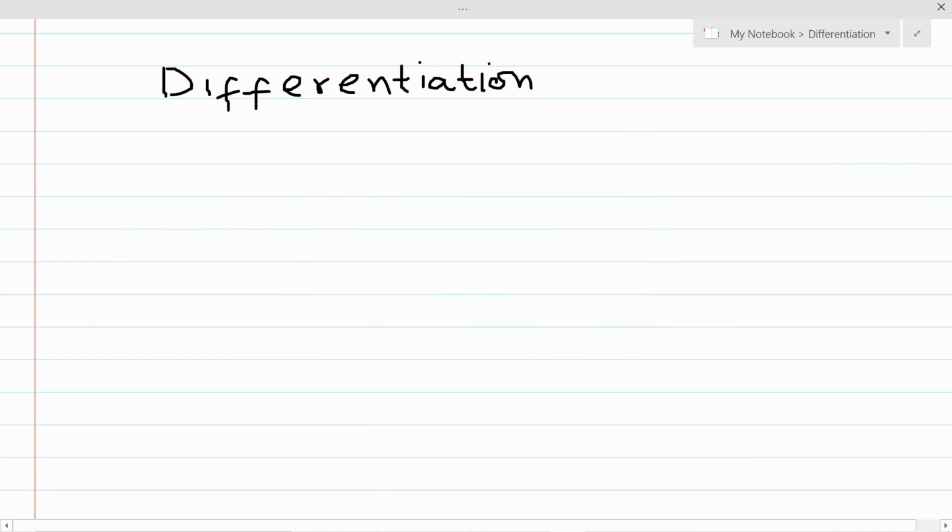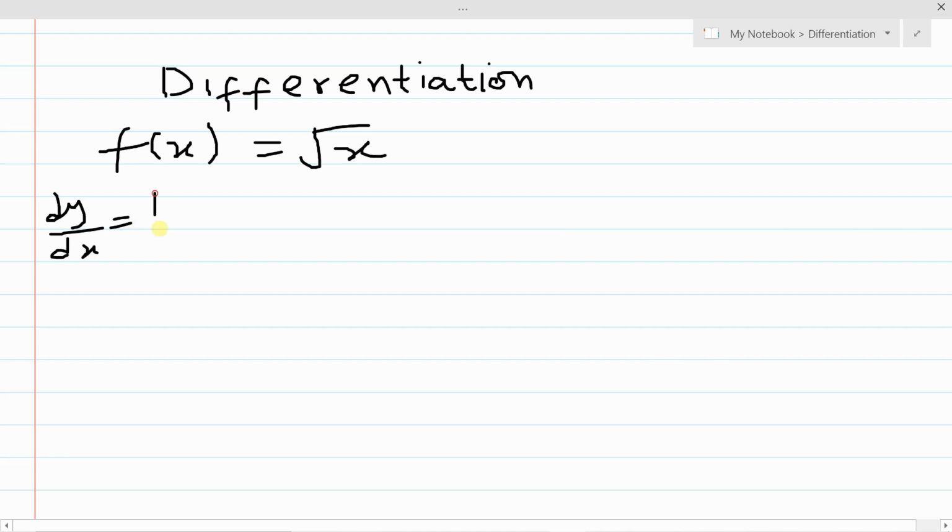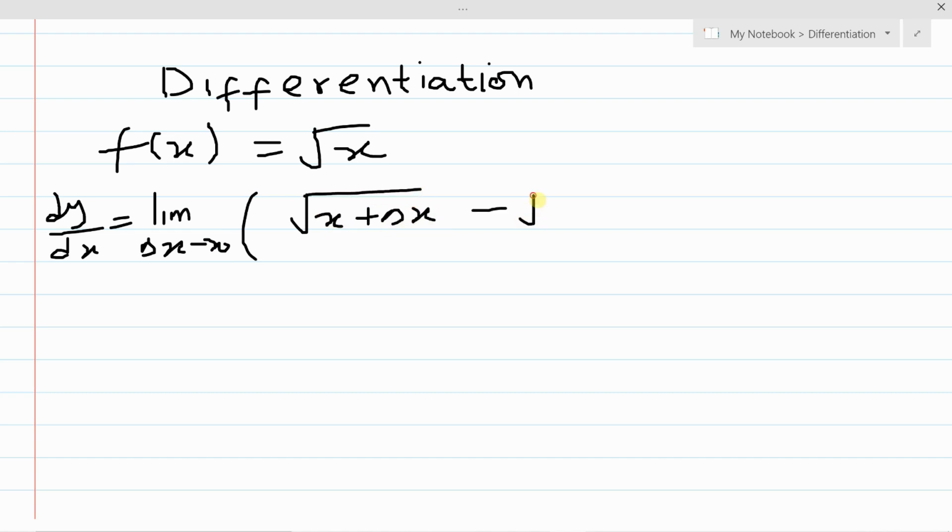So, if I have a function f of x equals the square root of x, how do we differentiate this from the first principle that we've learned? dy/dx is simply equal to the limit as delta x approaches 0 of f of x plus delta x, so wherever you see x, you put x plus delta x there, minus f of x, which is the square root of x, over delta x.